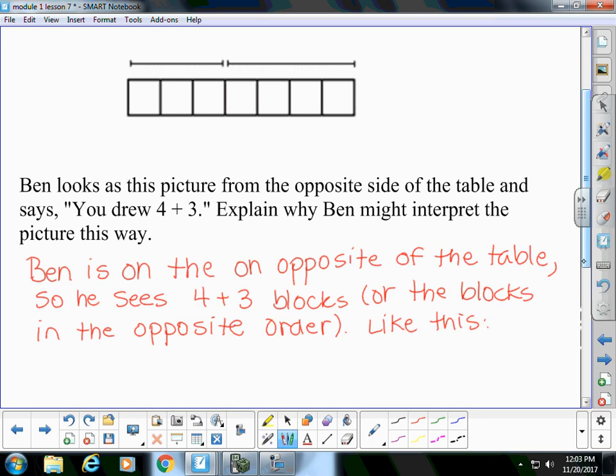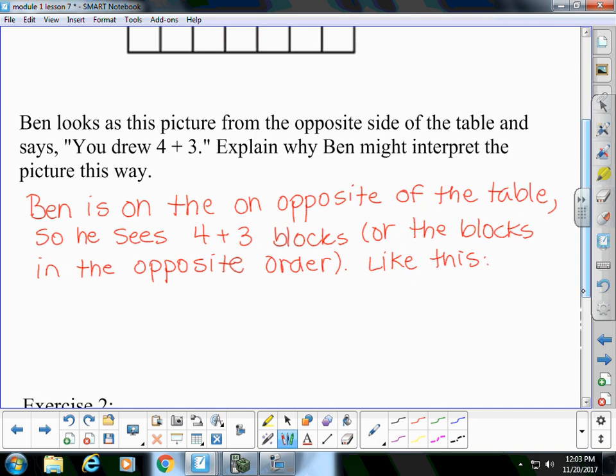Draw a picture of what that would look like. So he's going to see 1, 2, 3, the first 4. Okay, so here's the 4 bricks, or blocks, whatever you want to call them.